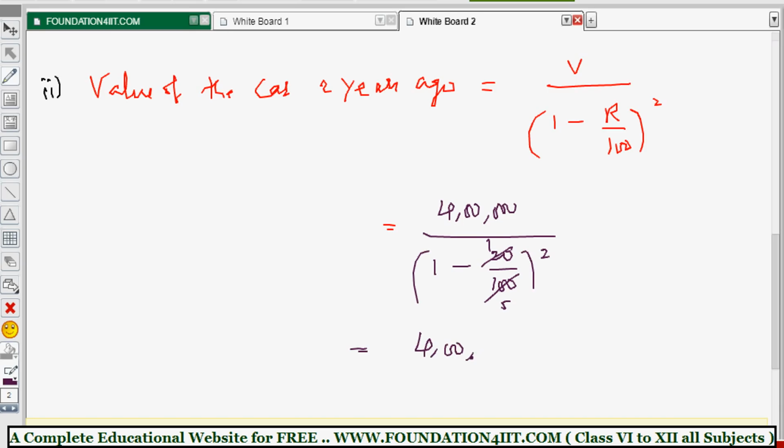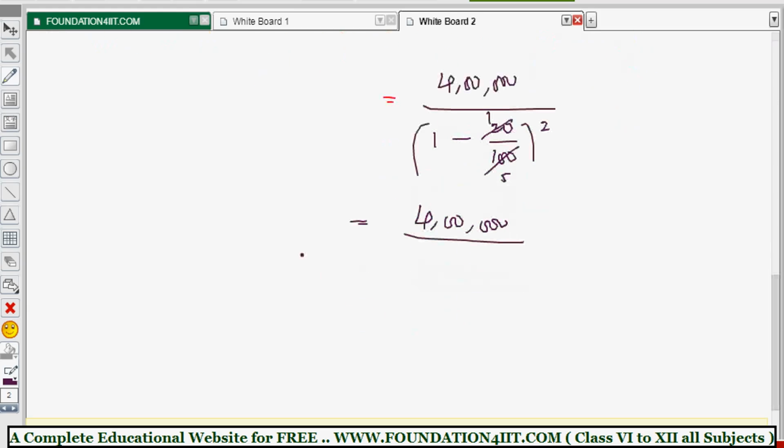So 4 lakhs by 4 by 5 into 4 by 5. Just take it up and simplify. 4 lakhs into 4 by 5 into 4 by 5 is 5 by 4 into 5 by 4.